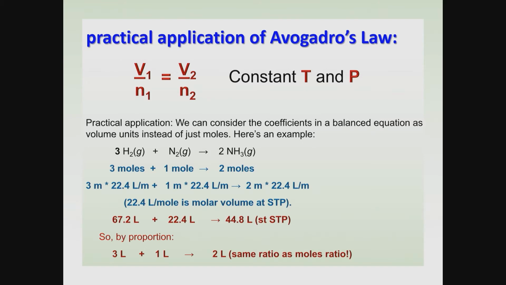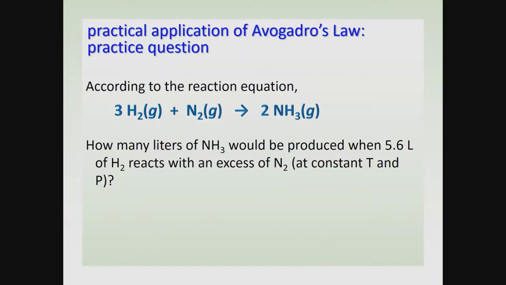An example of volume would be liters. You could say 3 liters reacts with 1 liter to give you 2 liters, or you could use different units, like 3 milliliters reacts with 1 milliliter to give you 2 milliliters. So if you have an equation with molecules that are gases, the mole ratios are also volume ratios. Usually people think of that in terms of liters, although you don't have to.